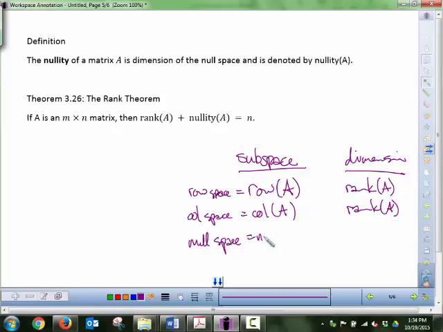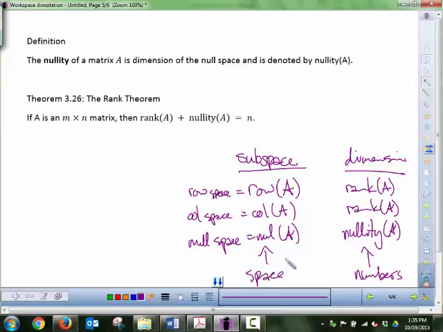And then the null space is denoted by null(A), and the dimension is the nullity. Now, all that means is that these are numbers, and these are actual spaces, vector spaces, if you want to think about it this way.